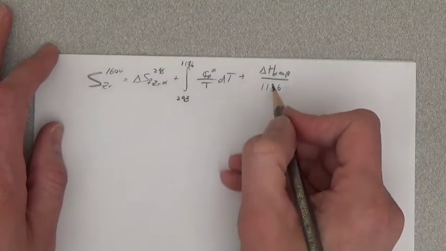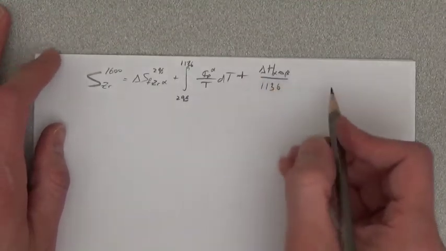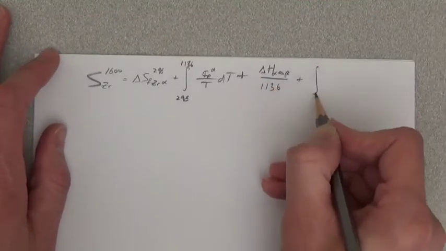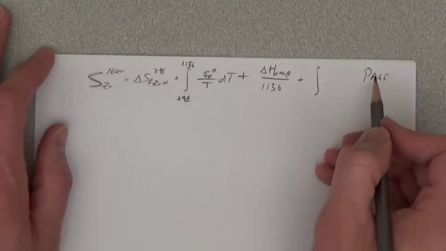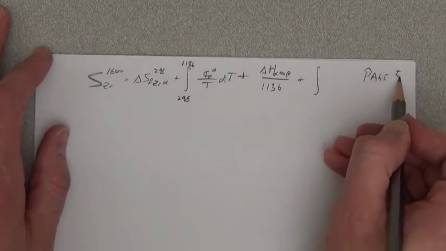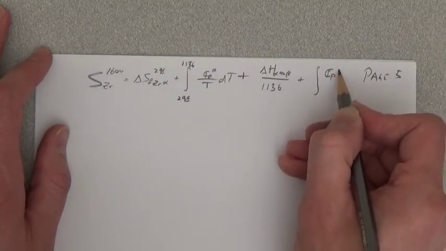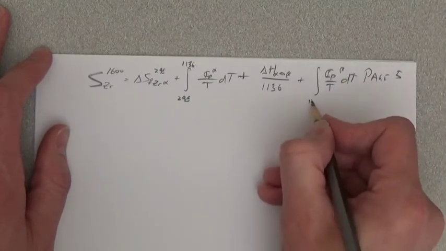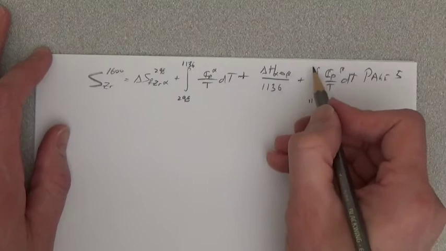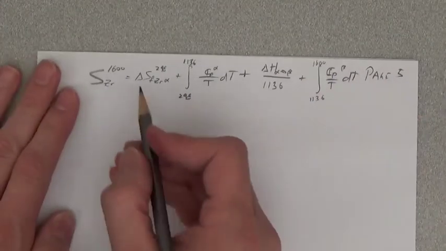So that's the change in entropy with transformation from alpha to beta, plus the integral, this is page 5, of Cp beta over T dT from 1136 to 1600. Okay.